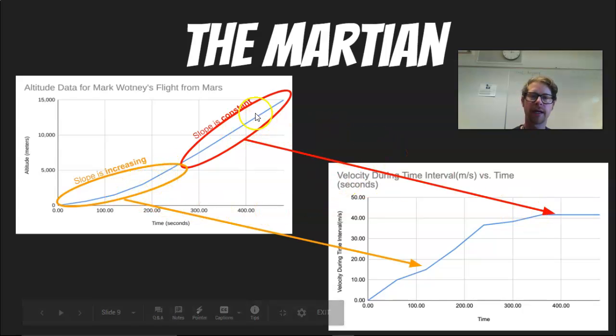And then when you get to the constant slope in this part of the position graph, you see the flat slope here, the slope of 0. So this is still positive, but it's linear. So this turns into a flat slope here, right? So a constant change in altitude is a constant velocity. A nonlinear or non-constant change in slope is a linear change in velocity.